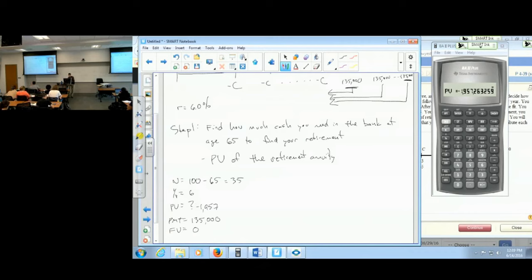It doesn't much matter which way you go on this one. All right, and this is an intermediate step. I'm going to use this to now figure out how much I need to pay into my account to end up with it. So I'm going to store this value on the 1 key, just in case I accidentally overwrite it to something.